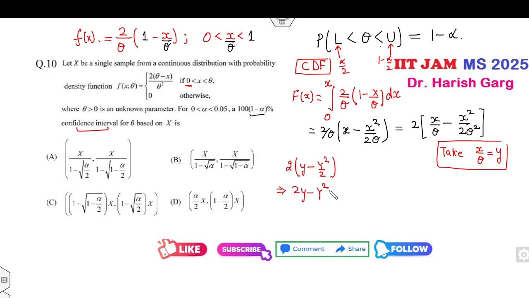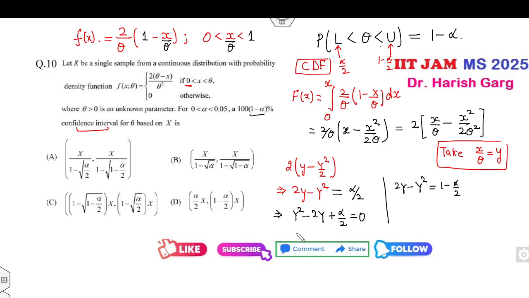Is it okay? 2y minus y square. Now once you compare this with alpha by 2, and second you compare this with 1 minus alpha by 2, can you find the value of y? Y square minus 2y plus alpha by 2 is 0.